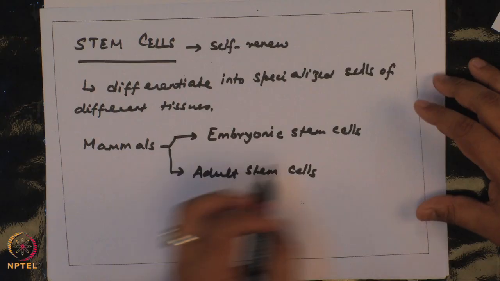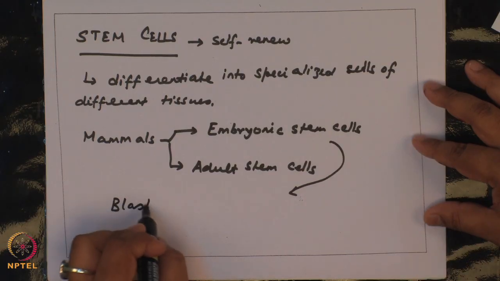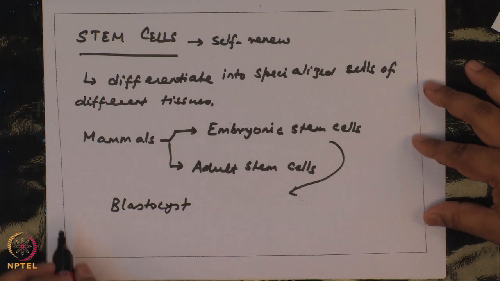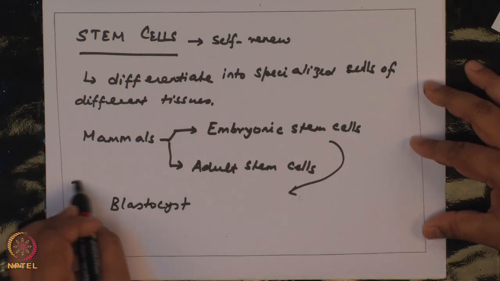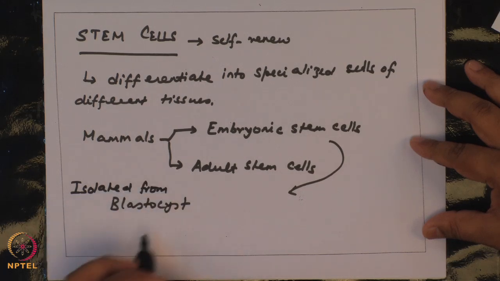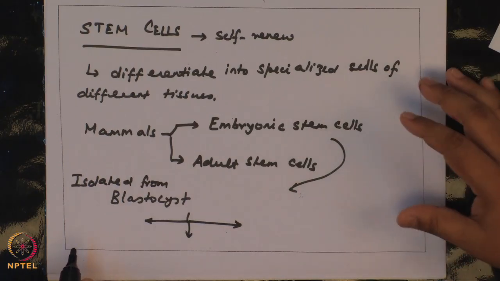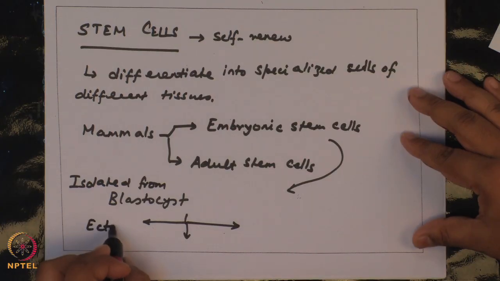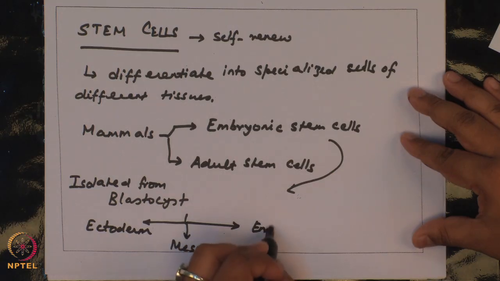ESCs are cells which are isolated from the blastocyst. These embryonic stem cells are called pluripotent because they can generate cells of the ectoderm, mesoderm and endoderm.